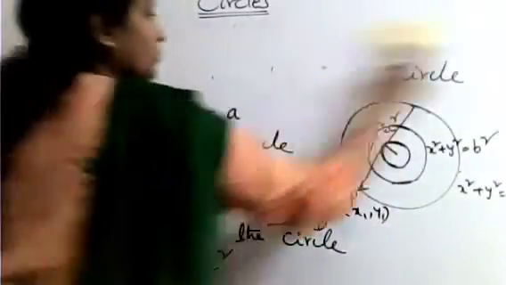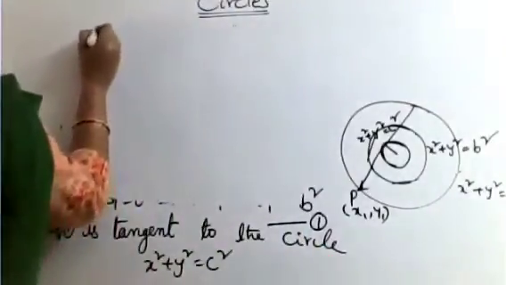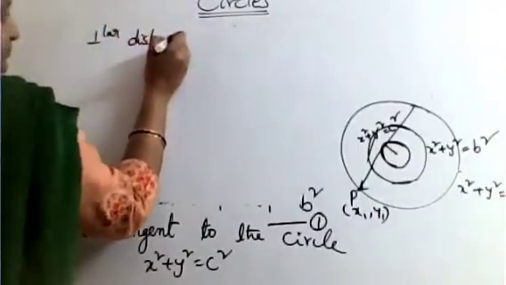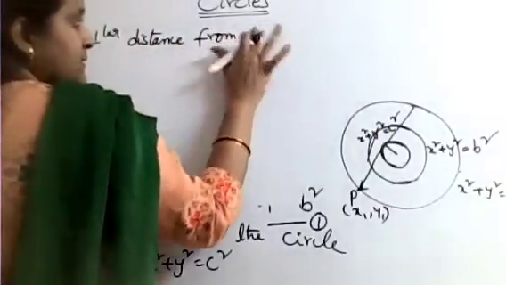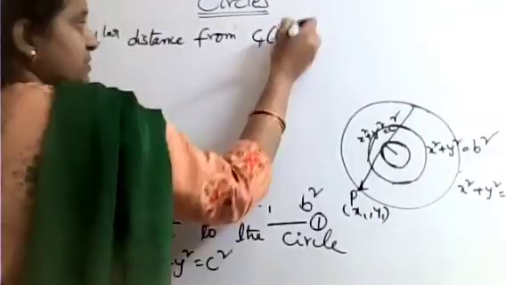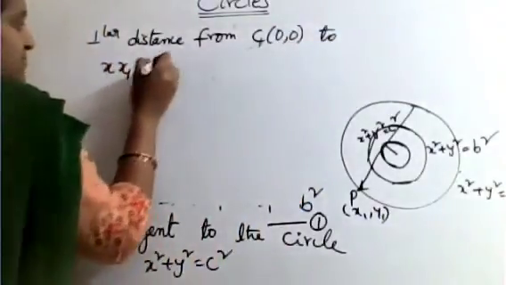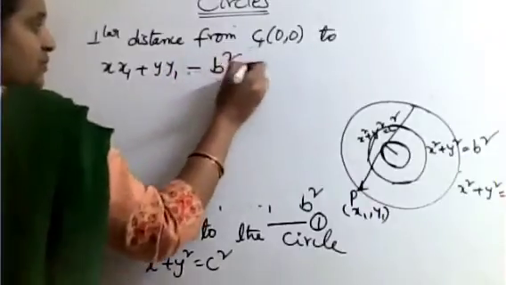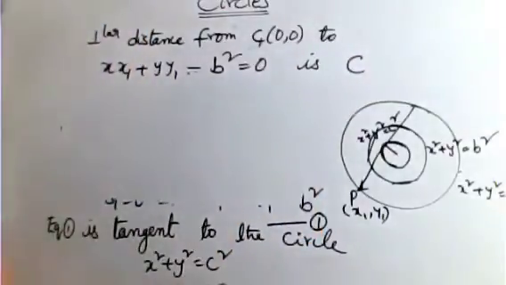Now, what is the perpendicular distance? From the center (0, 0) to the line x x1 plus y y1 minus b square equals to 0, the distance is c, the radius of the third circle.